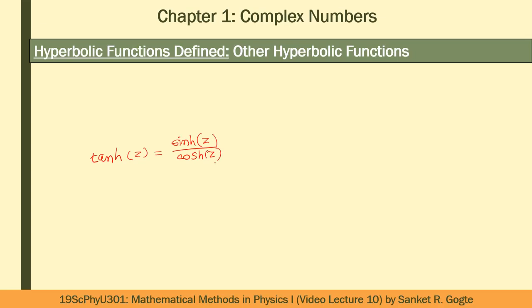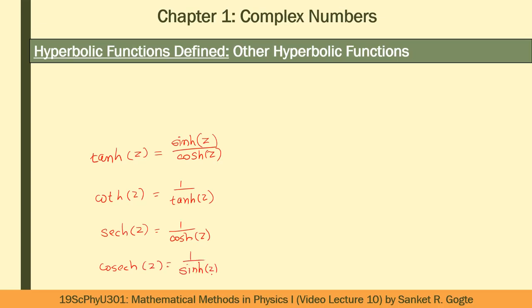Similarly, hyperbolic cot z is equal to 1 by hyperbolic tan z. Hyperbolic sec z is equal to 1 by hyperbolic cos z, and hyperbolic cosec z is equal to 1 by hyperbolic sin z.